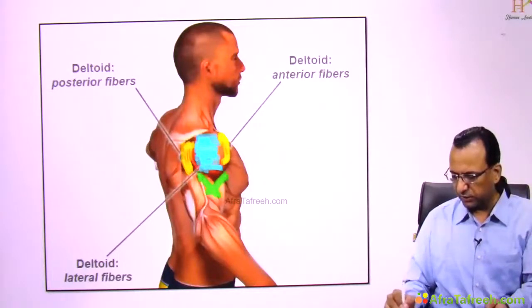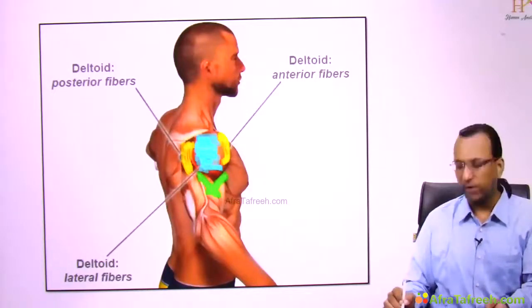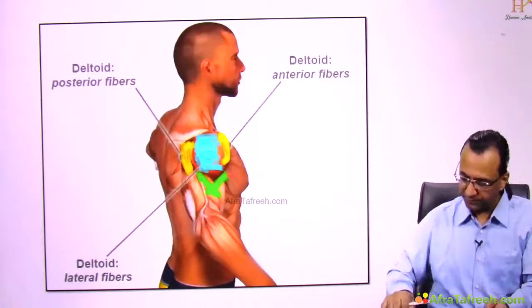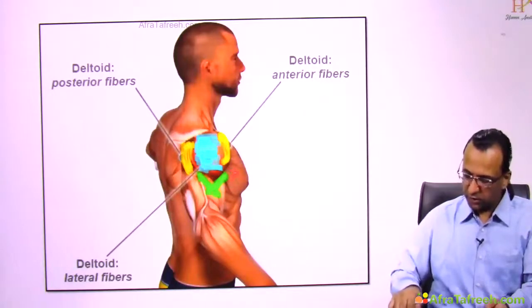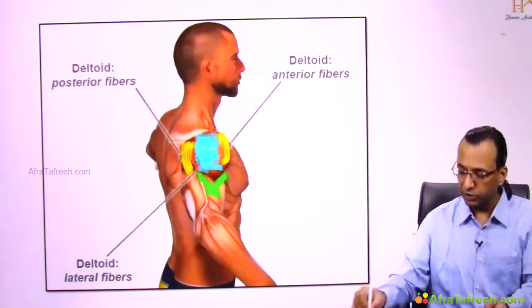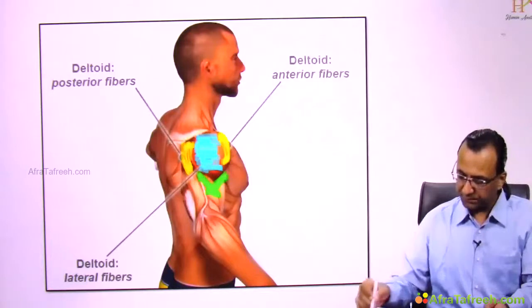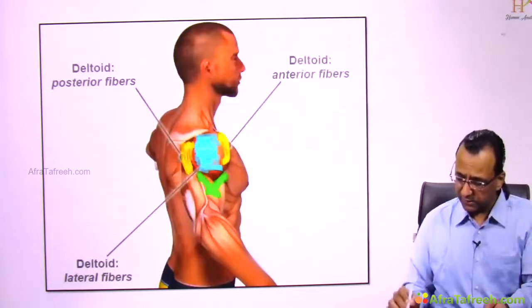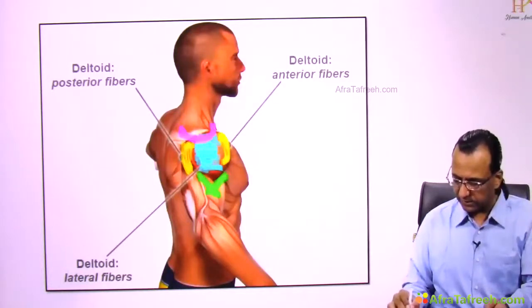The insertion is V-shaped on the deltoid tuberosity of the humerus. What is the origin? The origin is J-shaped, like trapezius.